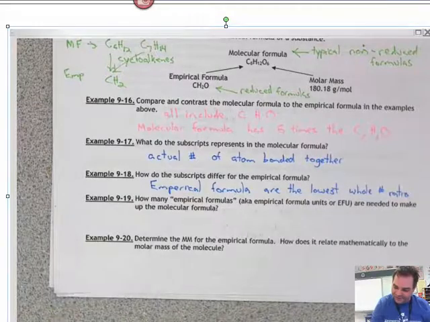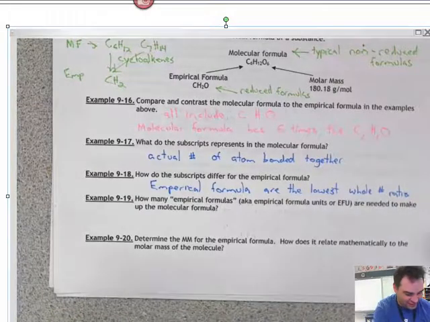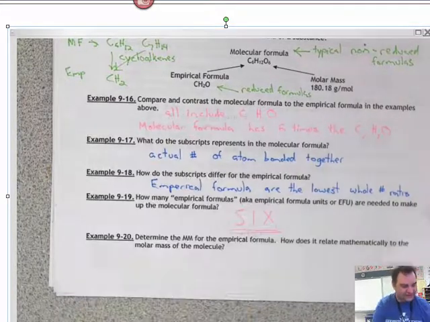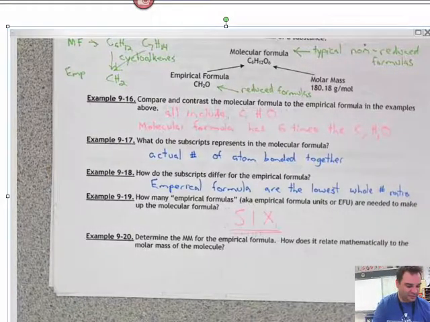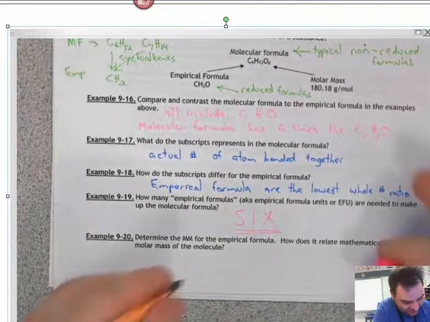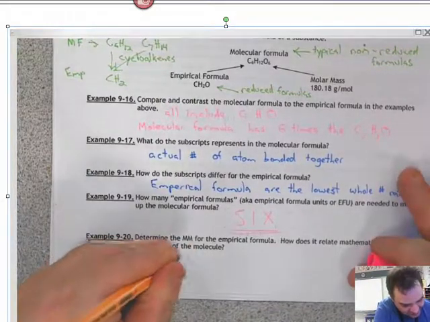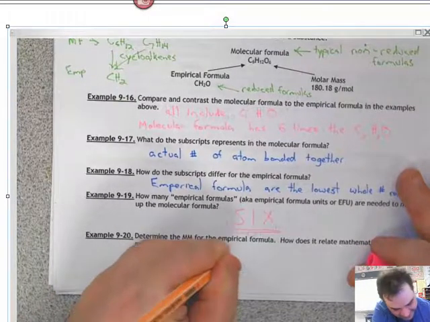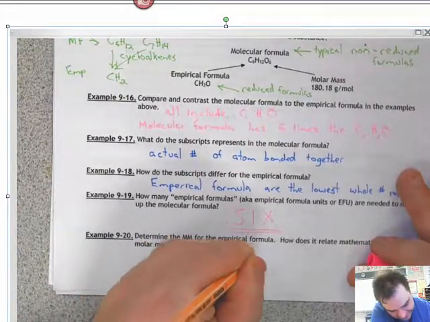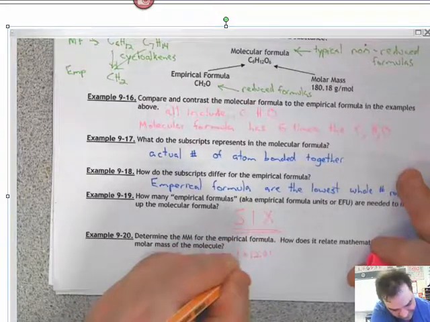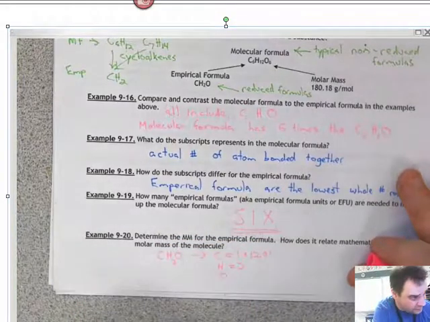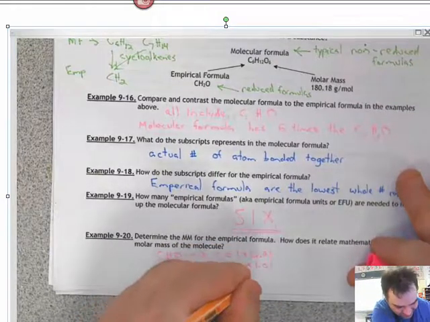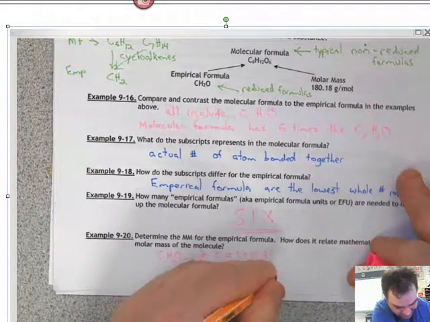How many empirical formulas does it take to make up the molecular formula? For this example, it was 6. Okay. Determine the molar mass of the empirical formula. Well, our empirical formula was CH2O here. So we have to do C, H, and O. 1 C times 12.01, 2 times 1.01, and 1 times 16.00.